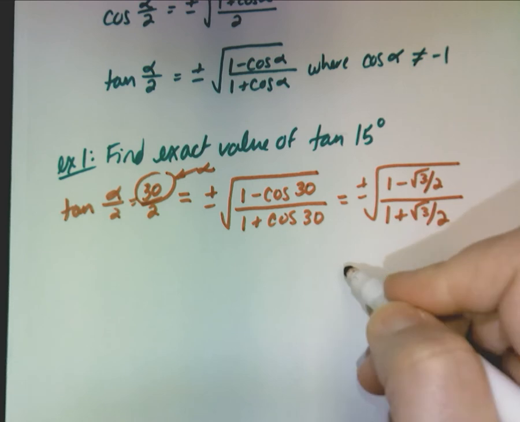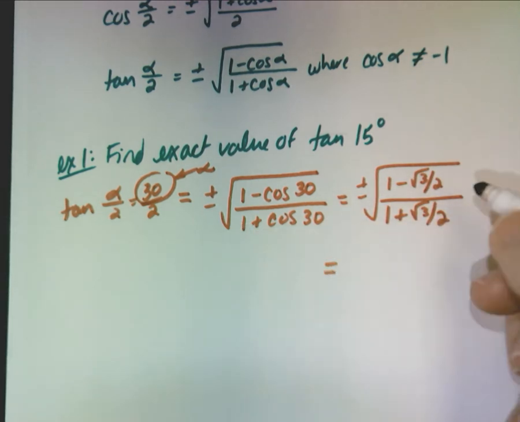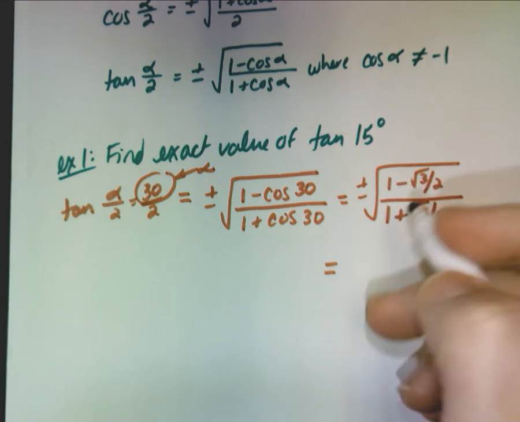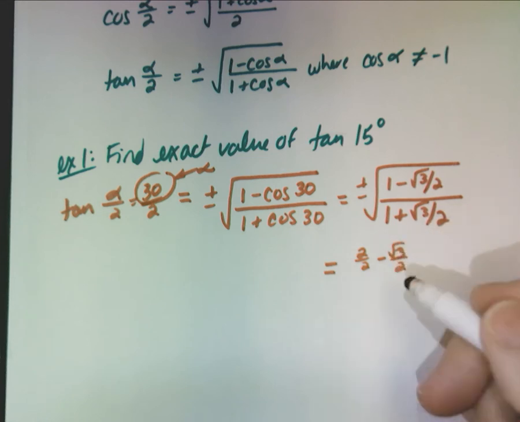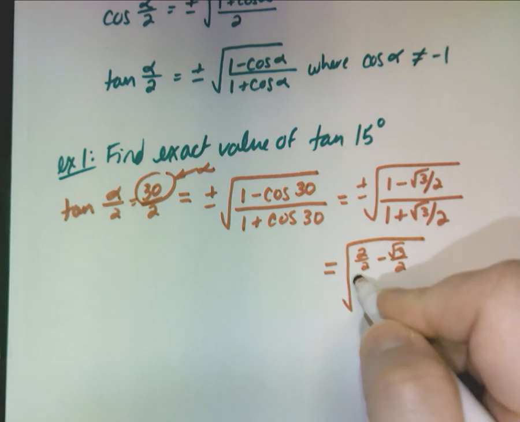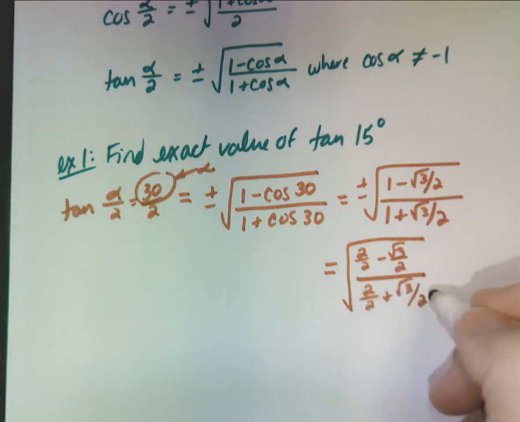So let's start with that top. Actually, let me move over here. I'm going to need some space. So 1 minus square root of 3 over 2 is the same as 2 over 2 minus square root of 3 over 2. You agree to that, right? 2 over 2 is 1. The bottom would be 2 over 2 plus square root of 3 over 2.